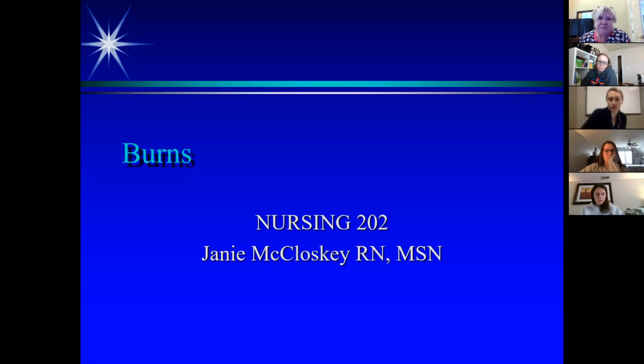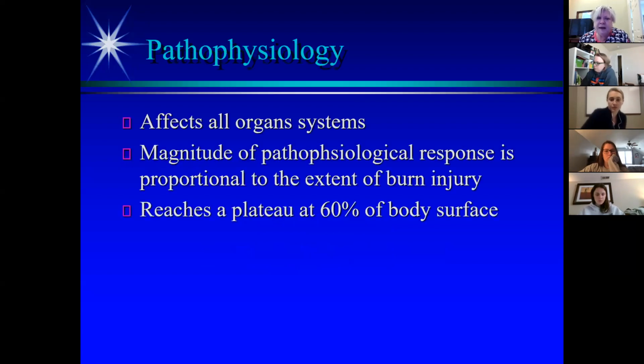Now, when we're dealing with burns, it affects all organ systems. It's not just the skin that's involved. It's going to affect almost every organ in the body when the patient is burned. We typically reach a plateau of affecting all of the organs in your body at about a 60% body surface burn.